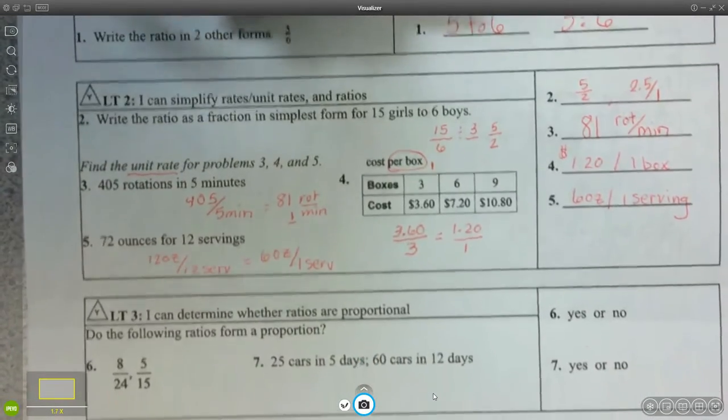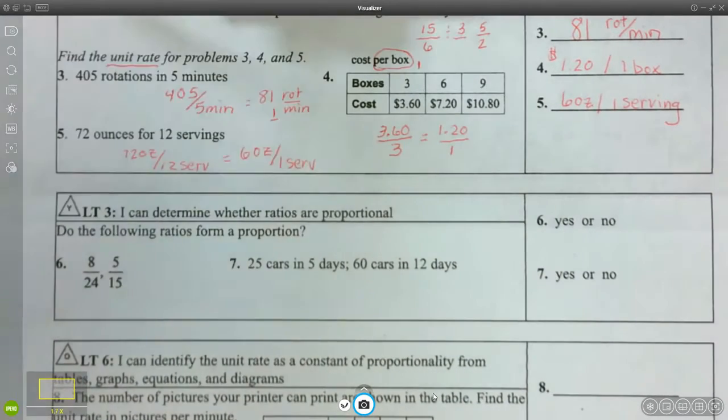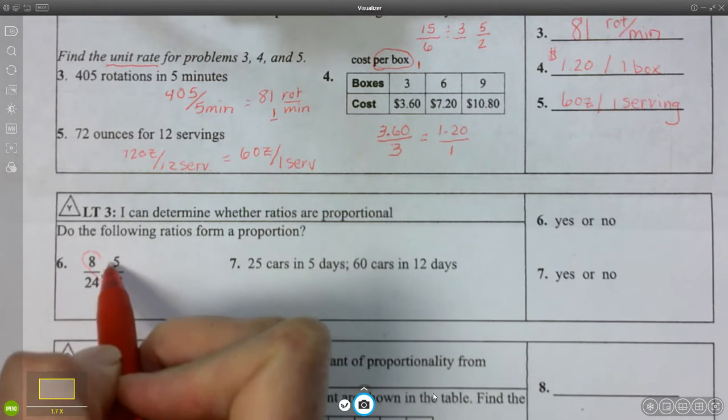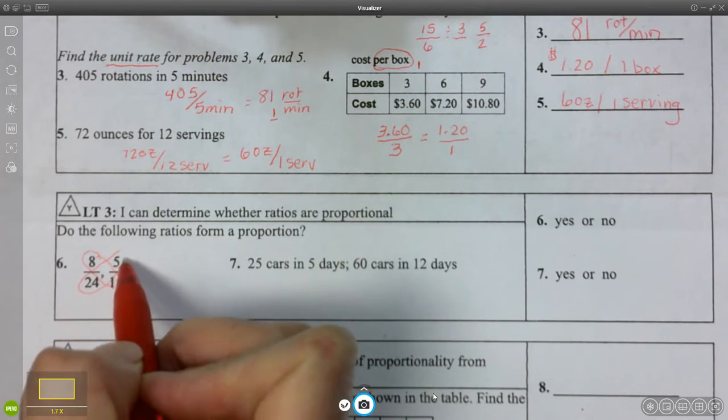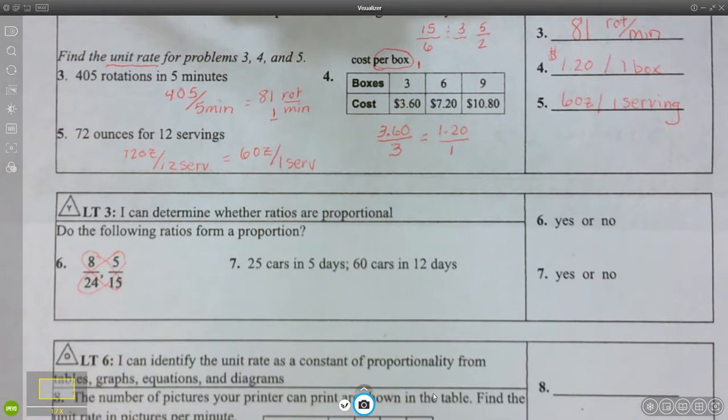Now we come down to learning target 3, and we have to decide if the ratios form a proportion, and that means they are equal to one another. So we looked at a lot of strategies for that, but one of them is cross products. If the numbers are kind of big and I can't quite see how 8 and 5 are related to each other, and 24 and 15, then I'm going to do cross products.